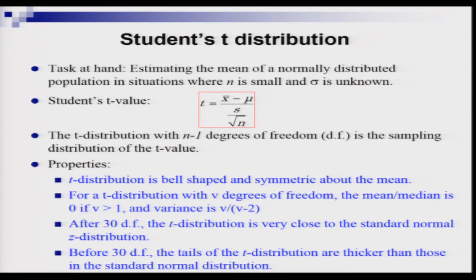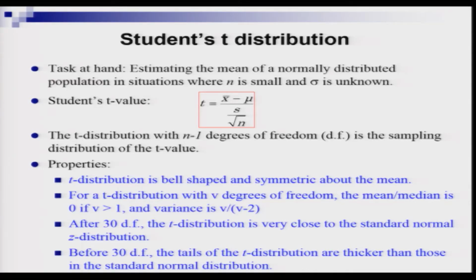Now, let us have a quick look at the most interesting properties of Student's T distribution. Note that the T distribution, like a standard normal distribution, is also bell shaped and symmetric around the mean, and we will not derive it in the course, but you can derive it easily that the mean and median for the T distribution is actually 0.